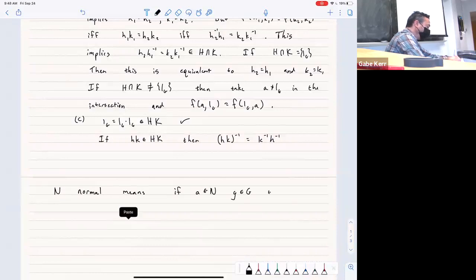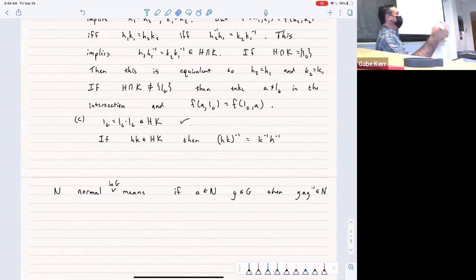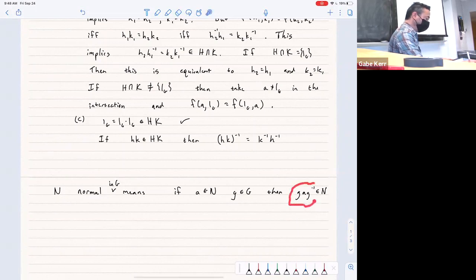Then g inverse A g is in N. It does not say that it equals A. That's not generally true, but it's not general.